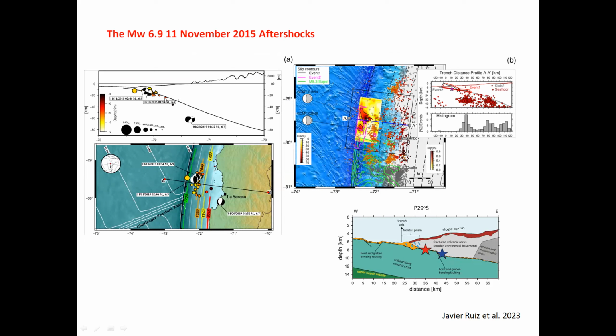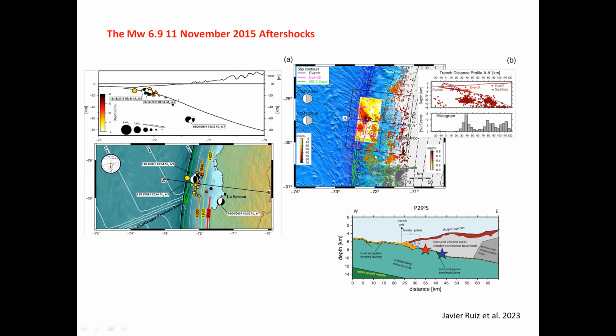And if we do more continuous work on this, and this was the work of Javier Ruiz and his group, he modeled this event, and this is the slip distribution of these two 6.9s. And he also found that these events are very, very close to the trench, two events of 6.9.